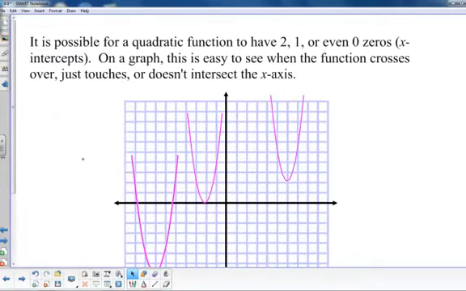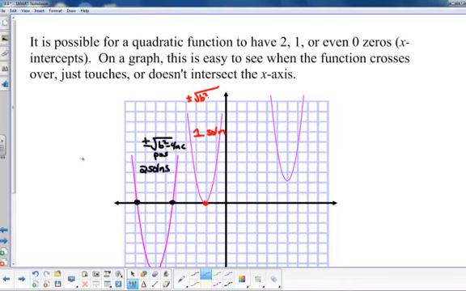So there's three different possibilities here that you're going to get when you do the quadratic formula. You're going to either get something with two solutions. That would mean the plus or minus square root of b squared minus 4ac is positive. You're going to get something with one solution, and that would mean that the square root of b squared minus 4ac is 0.